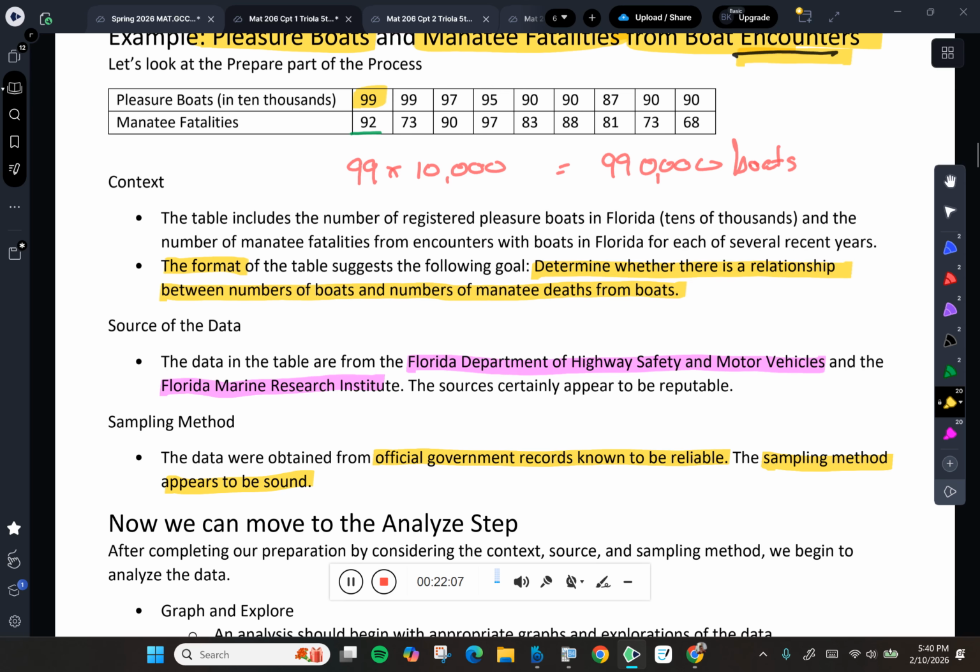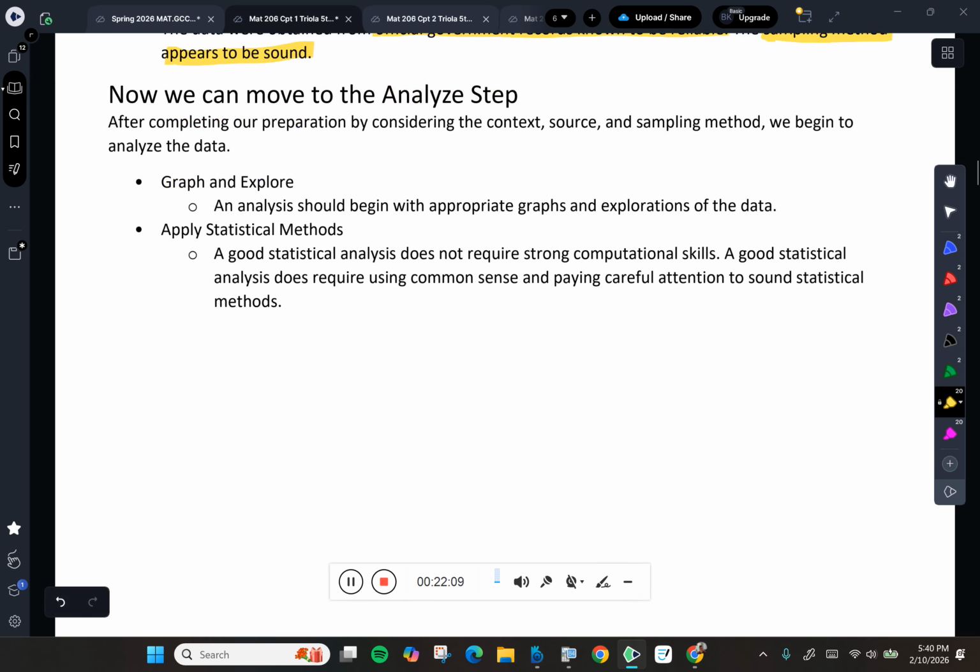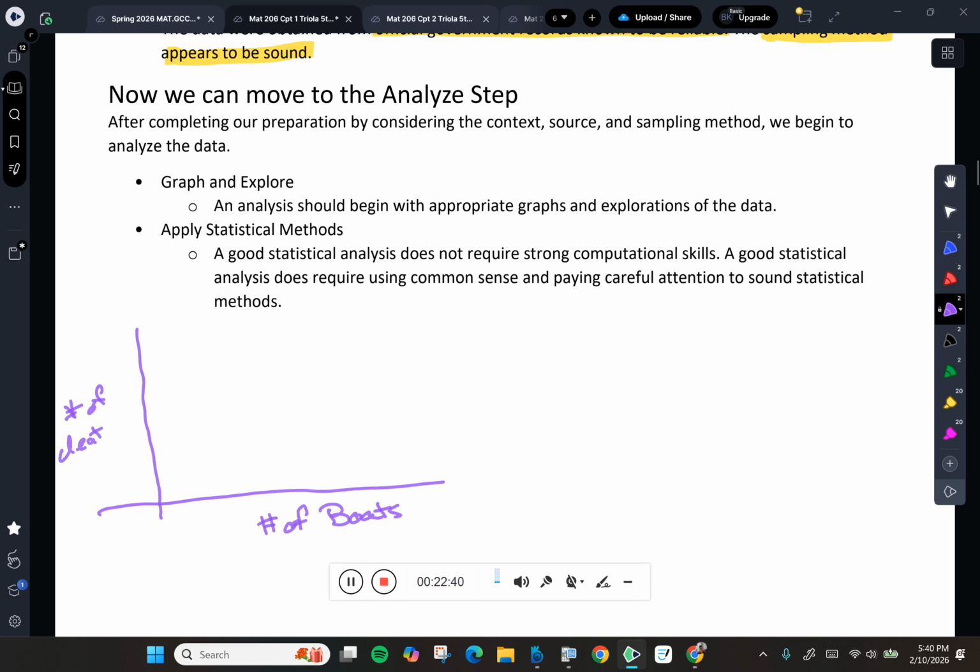Now we move on to the analyze part, where we would try to graph this or explore the data. Right? Now what I'm thinking is, since we're trying to develop a relationship here to show that more boats means more fatalities, I'd probably want to graph this on a horizontal XY kind of thing, where one axis could be the number of boats and the other axis could be the number of, and I'm just going to say deaths, for two reasons.